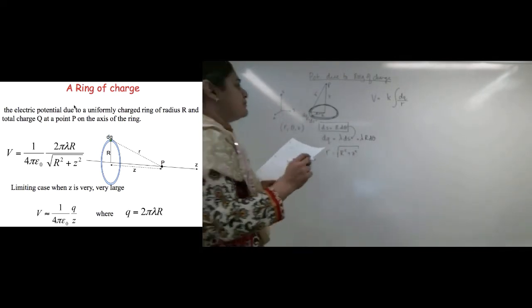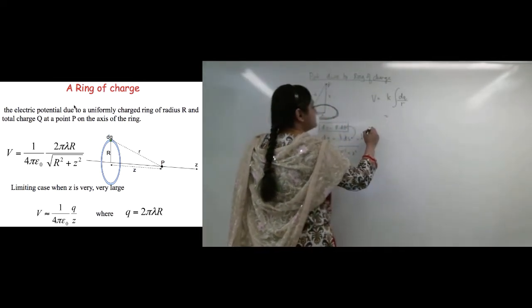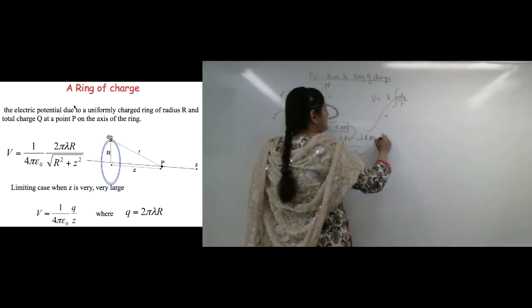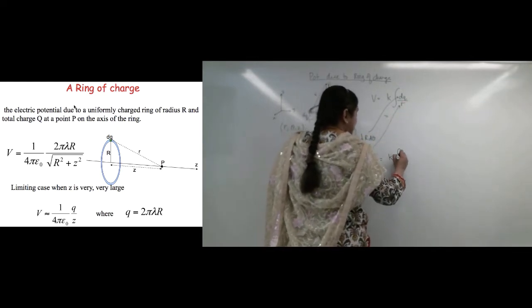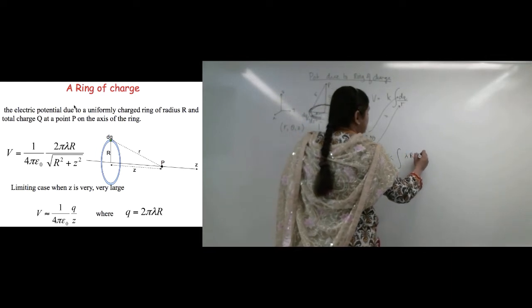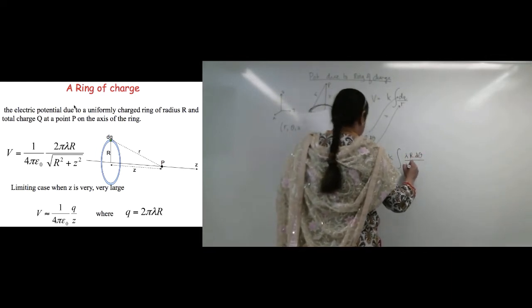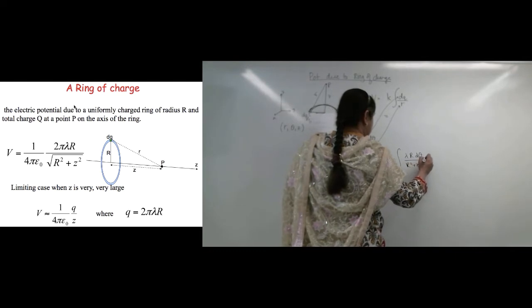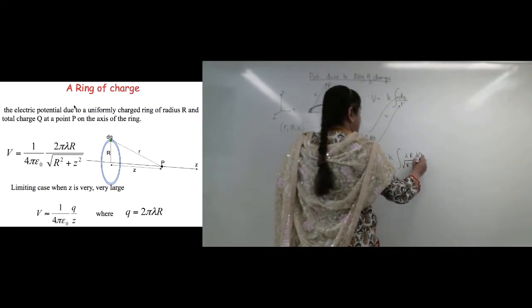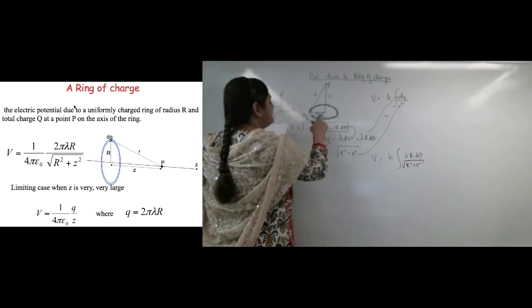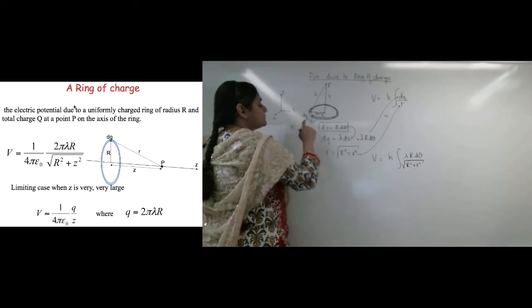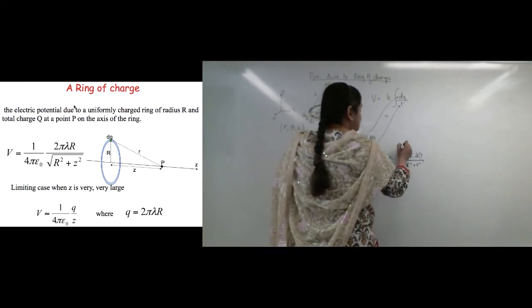So now the next step will be to plug all of these equations in. So this goes in here, this goes in here. What do I get? V will actually equal K lambda r d theta divided by the square root of r squared plus z squared. Don't forget the square root. Now our integration appears only over d theta, which goes around from 0 to 2 pi.